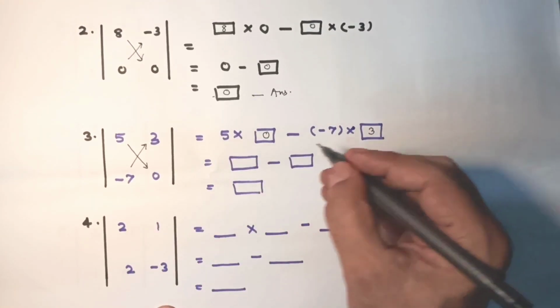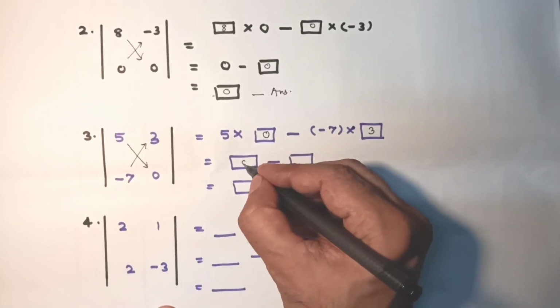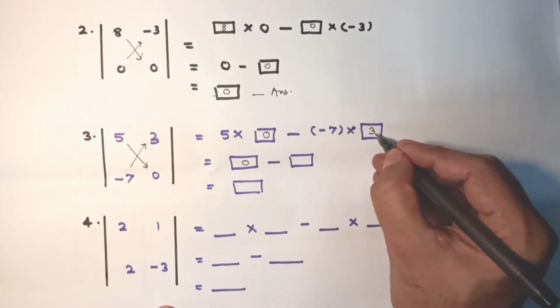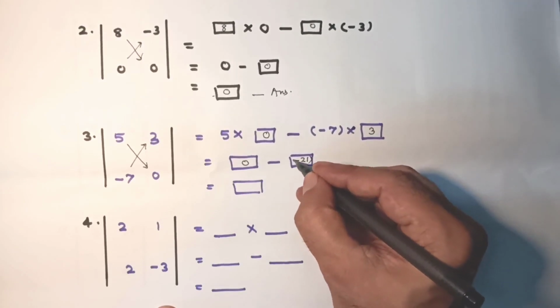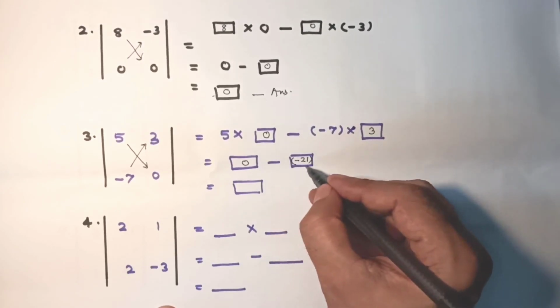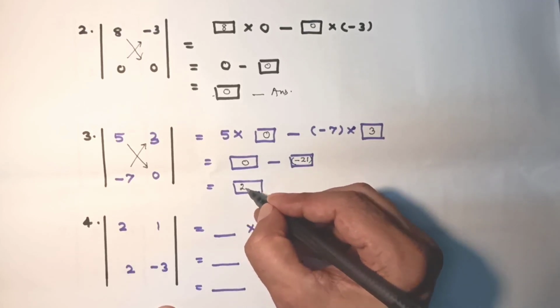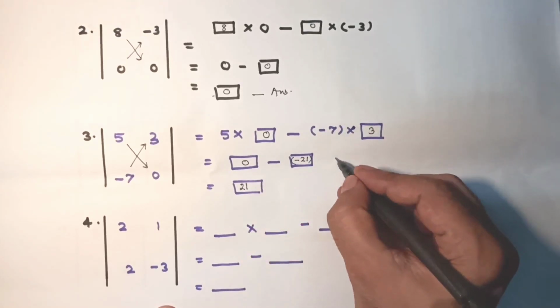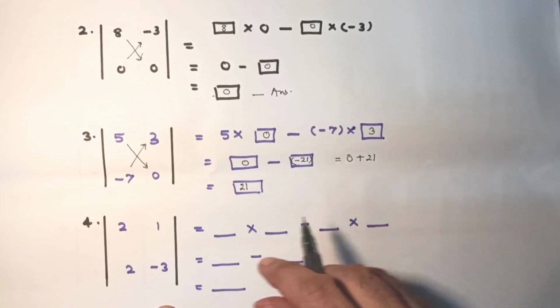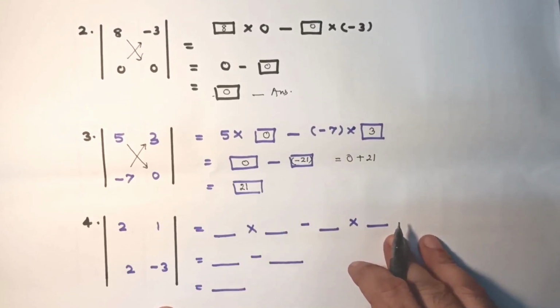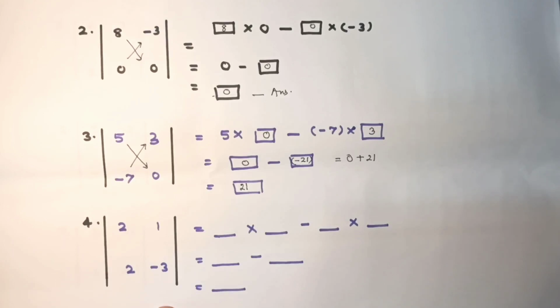So you will be getting 5 into 0 is 0, whereas minus 7 into 3 is minus 21. Minus 21, put in bracket. Minus minus plus, your answer will be 21. You can say 0 plus 21, which is 21. Let's go for the next question.